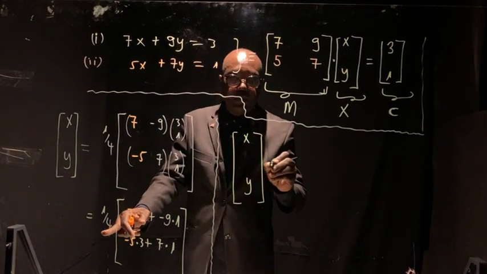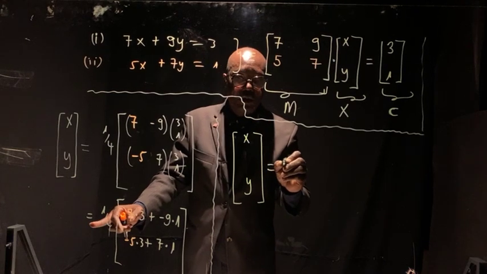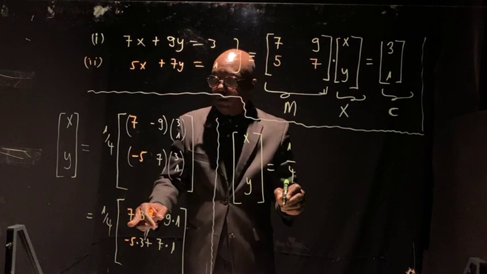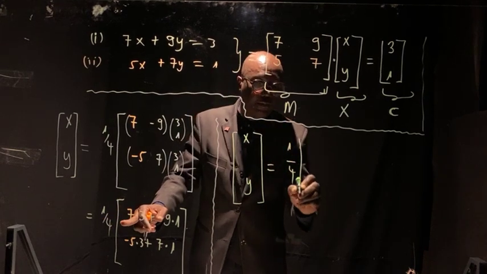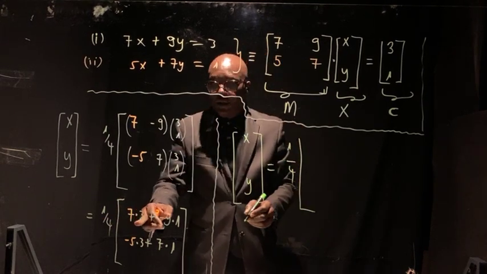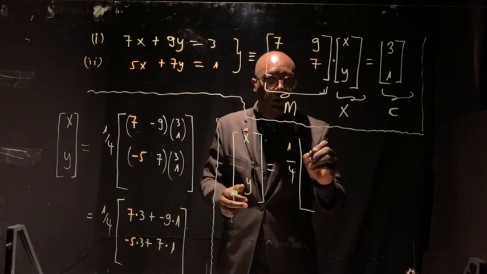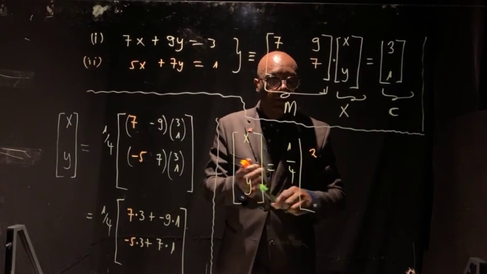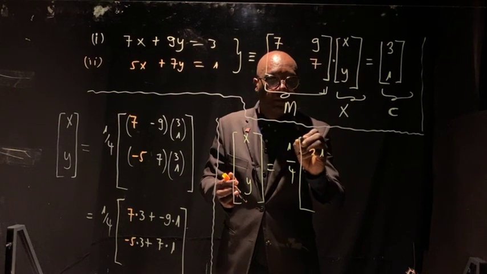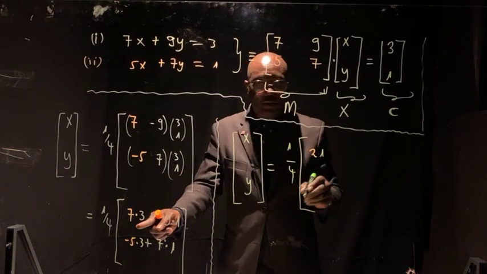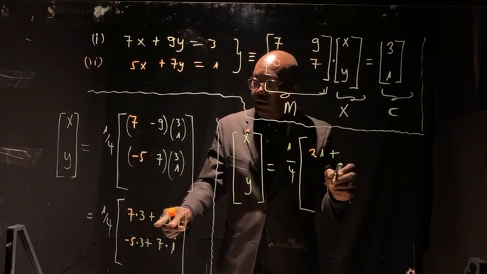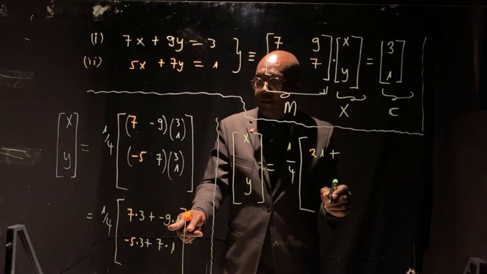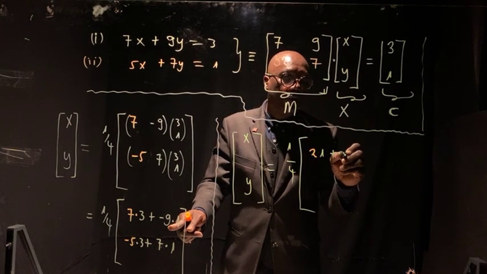And then we have equal 1/4, then 7 times 3 is 21. That is 7 times 3 plus minus 9 times 1 will be minus 9.